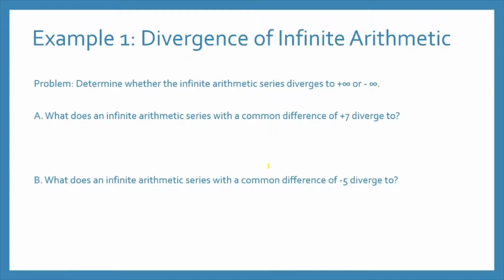Example 1 is talking about the divergence of infinite arithmetic series. So the problem descriptor as a whole is to determine whether the infinite arithmetic series diverges to positive or to negative infinity. So if we look at this problem, part A says, what does an infinite arithmetic series with a common difference of positive 7 diverge to?